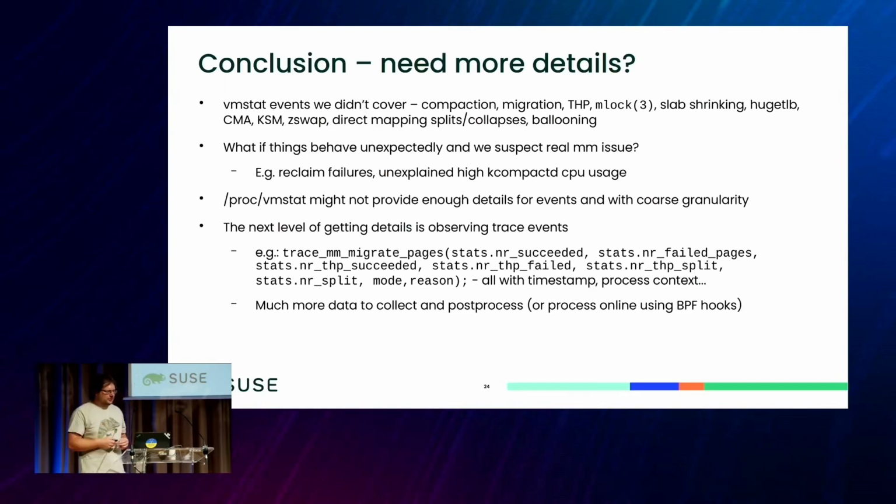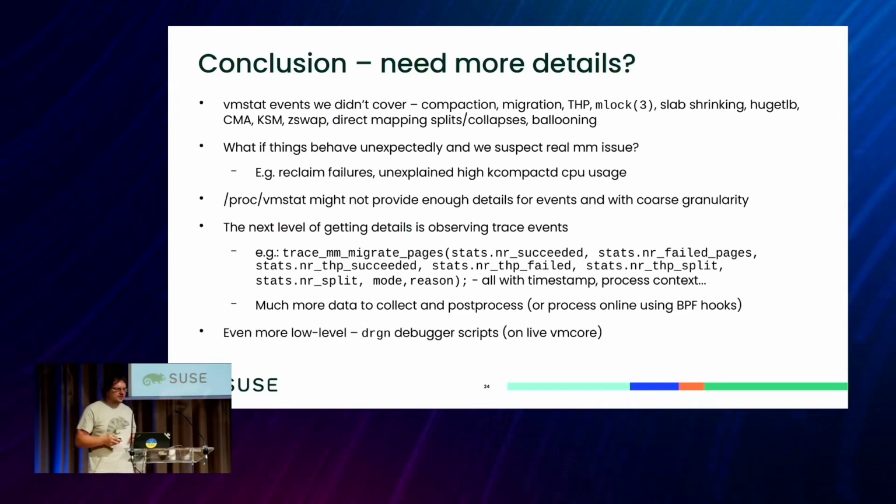But then you have more data to post-process. We have a timestamp of each event, which process context, and what the other properties of that event were. Even lower level, you would have to use a debugger or start adding printks in the kernel, and then you can observe everything, but then you need to really know what you're looking for.